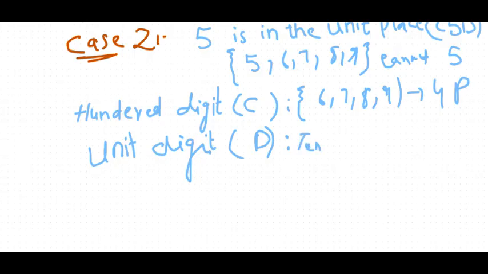We can say without 5. So we also have over here 9 possibilities.